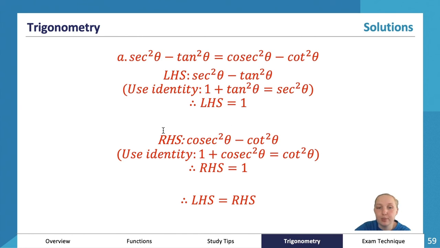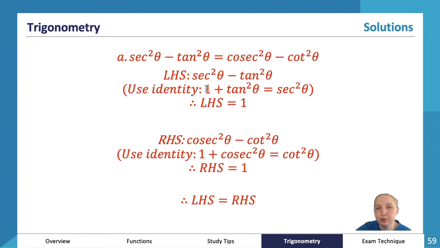Okay, from there, let's look at the right-hand side. So if we've got cosec squared theta minus cot squared theta, let's use the identity 1 plus cot squared theta equals cosec squared theta. Just pop this into our equation here, and we'll get the right-hand side also equal to 1. So therefore, left-hand side is equal to right-hand side, and we've just proved that identity there.